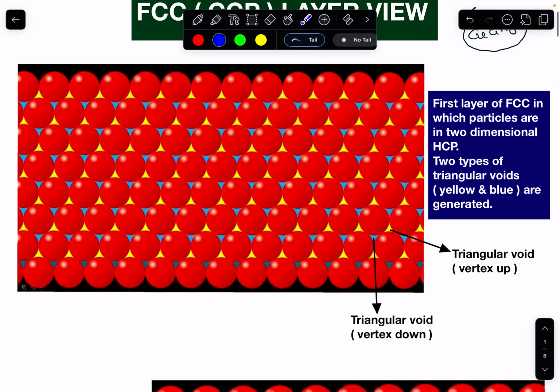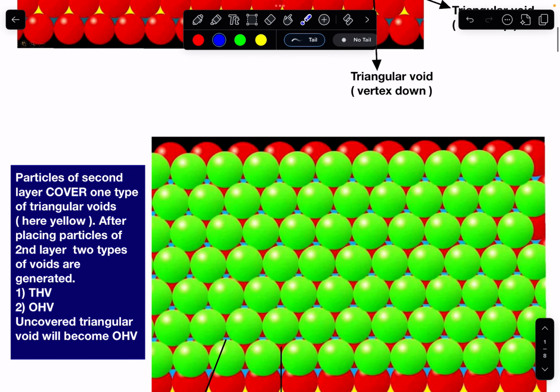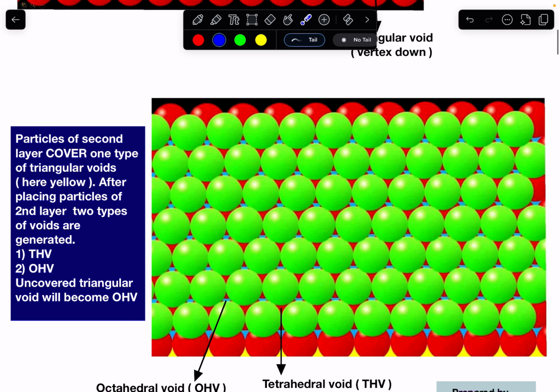So the first layer is two-dimensional HCP. Two types of voids are generated, triangular voids. Both are triangular voids, vertex up and vertex down. Particles of the second layer are covering one type of triangular voids. After placing the particles of the second layer, two types of voids are produced.